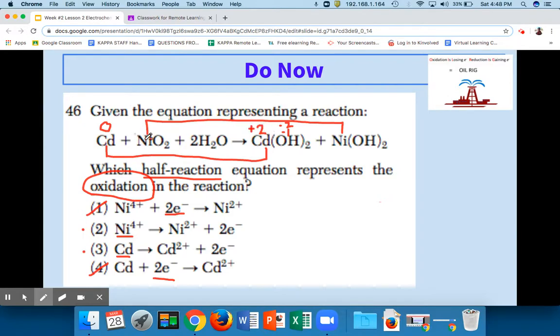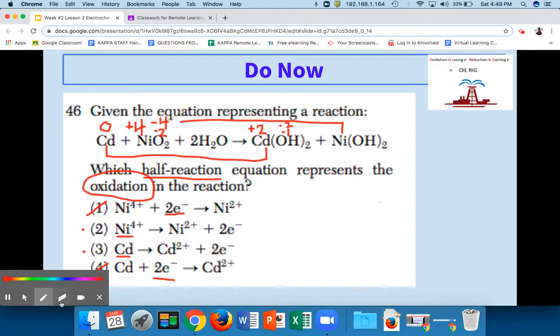Okay, let's find out what's happening with nickel. Nickel's with oxygen. The rule for oxygen is the oxidation state is always -2. There's two of them, so that must mean that this gives us a -4 overall. And what must nickel be? Well, it must be +4.